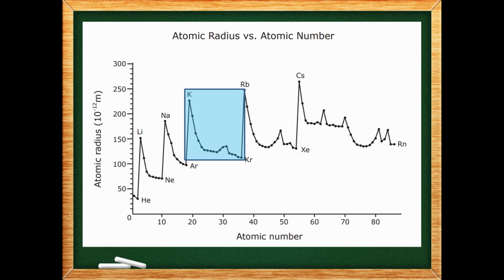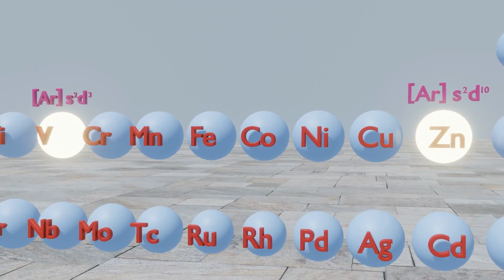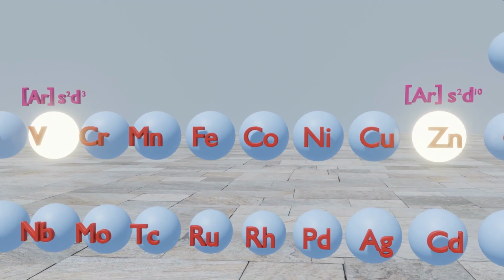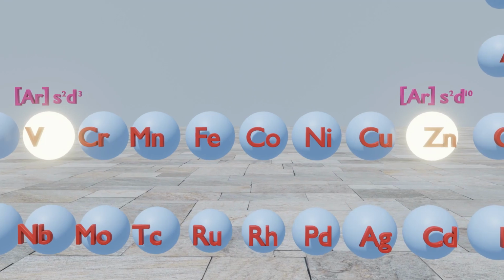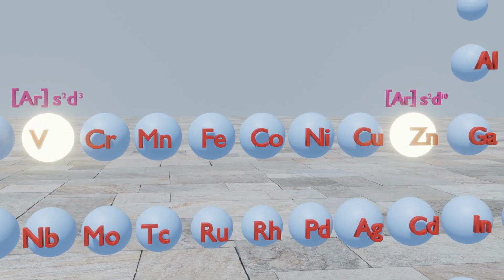Remember that n equals 3 electrons spend most of their time closer to the nucleus than n equals 4 electrons. This means electrons in the 3d sublevel are capable of shielding the 4s electrons from the increasing nuclear charge as we move across the period, and Zeff would be reduced. For example, even though zinc has a nucleus with 7 more protons than vanadium, the extra shielding provided by zinc's 10 electrons in the 3d sublevel is such that zinc's atomic radius is approximately equal to vanadium's.